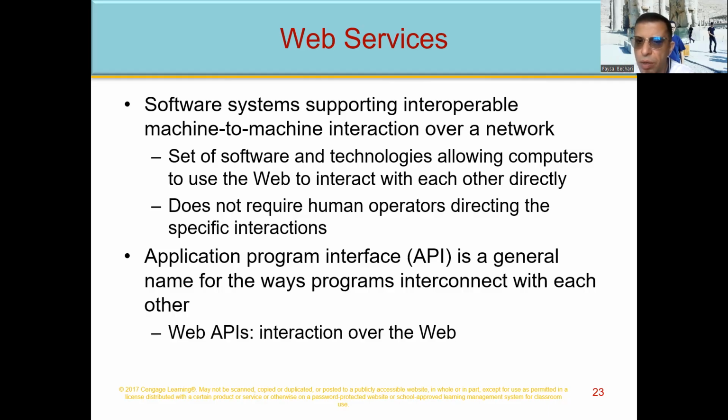It does not require human operation directly. And then you have what you call APIs, or application program interface, which is a general name for ways programs interact with each other, web API being interaction over the web.